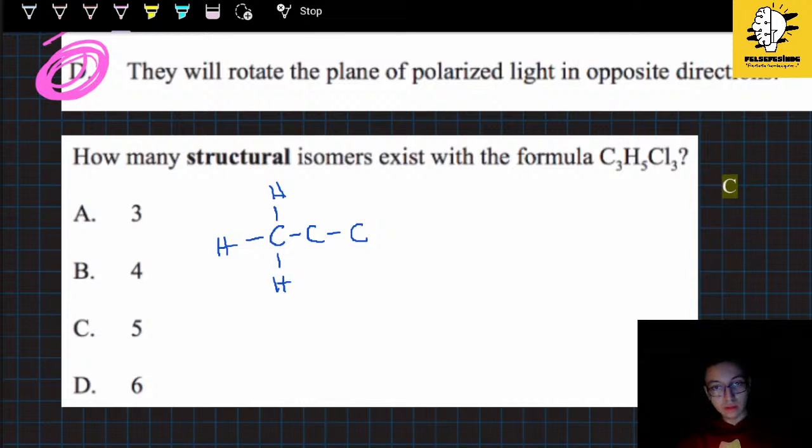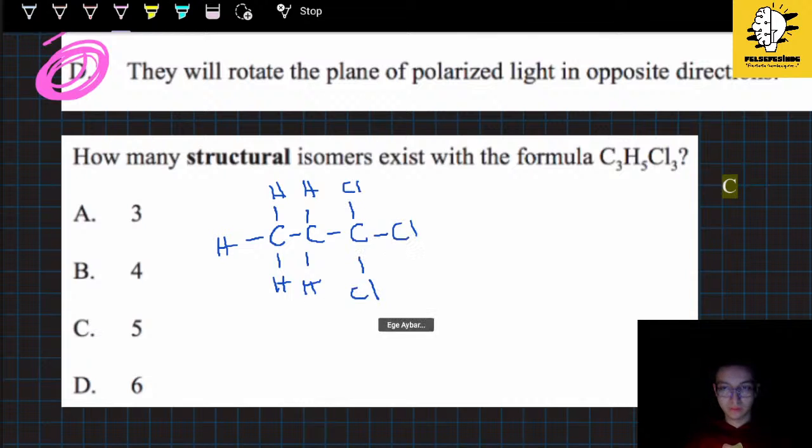I'm not good at skeletal formula. Really? Okay. So once you draw it, I will just draw it. H. And we have Cl, Cl, and Cl here. Okay. So we have 5 of them.